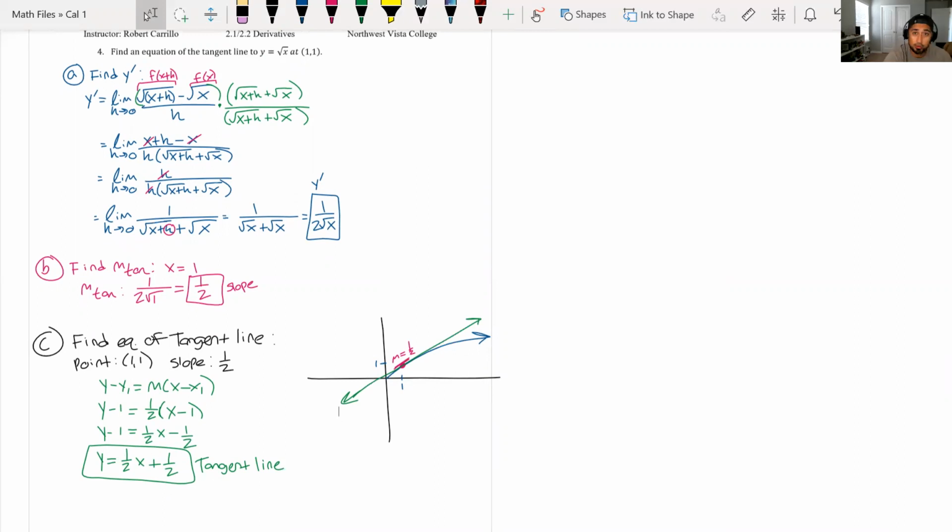Let me show another graphical representation. Even though that was my sketch, let's look at it correctly. Y equals the square root of x. Then we get the point (1, 1). And then we have our tangent line of 0.5x plus 0.5.